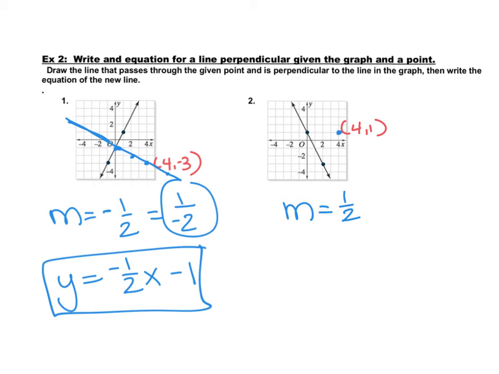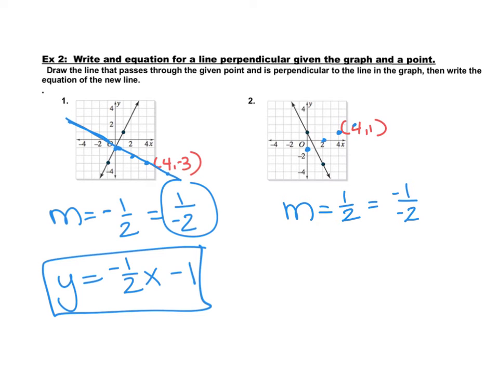We're going to point up 1 over 2. And I'm going to go the opposite direction. Remember what we said is to go the opposite direction, -1 all over -2 is the same because 2 negatives make a positive. So I'm going down 1 over 2, down 1 over 2.